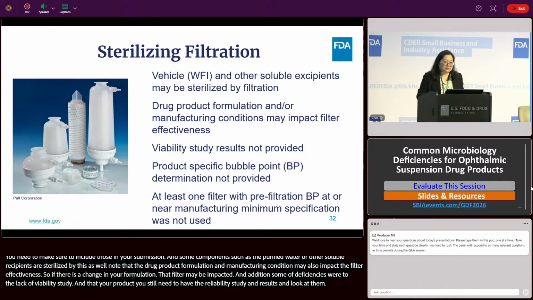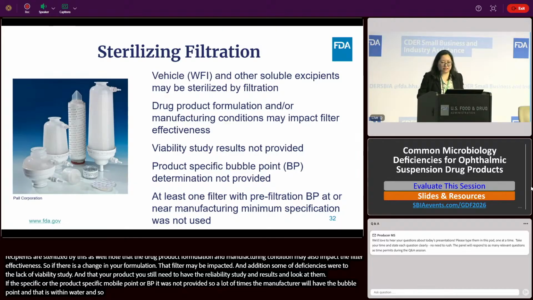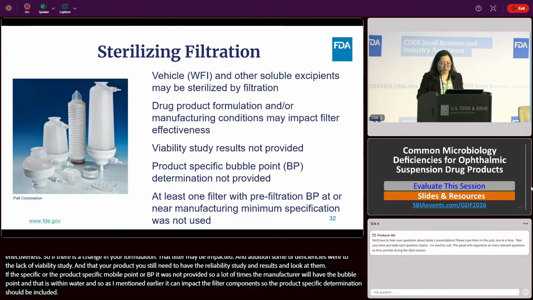A lot of the times the manufacturer will include a bubble point, but that is within water. And as I mentioned earlier, sometimes the drug product formulation can impact the filter components, so a product-specific bubble point determination should be included. In addition, at least one filter with the pre-filtration bubble point at or near the manufacturer's minimum specification was not used, and therefore received an IR.